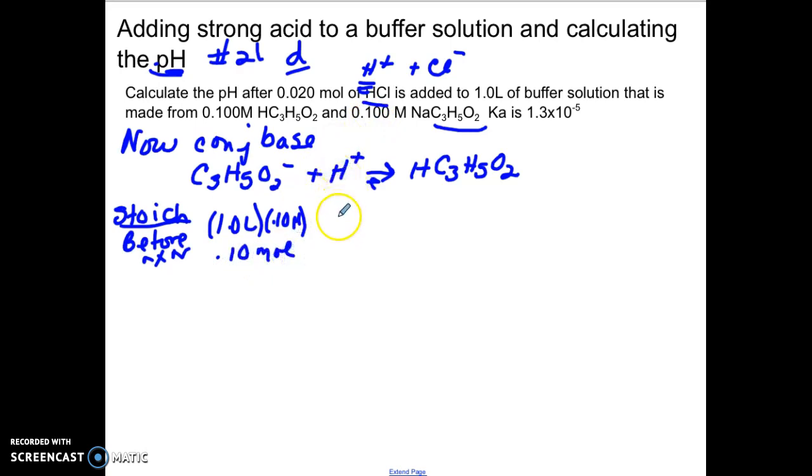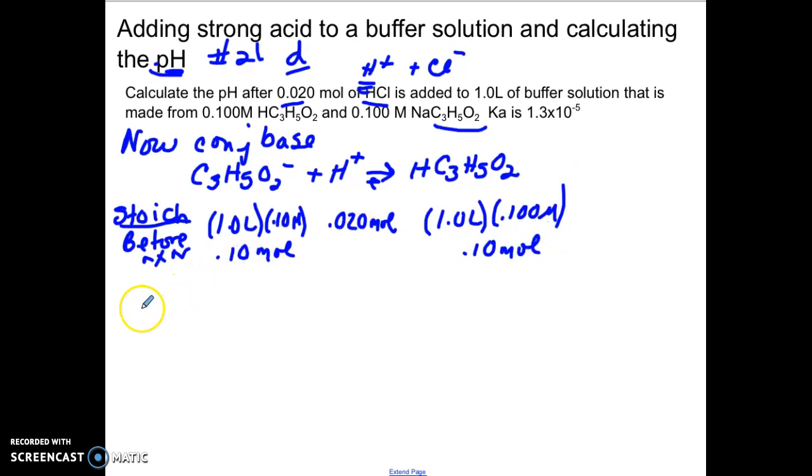The acid, we know from this problem, is 0.02. So there's 0.02 moles of H plus. Okay, and then what would be the concentration of that weak acid before the reaction started? So this also, we had 1 liter and we had 0.1 molar of this as well. So this is 0.10 moles.